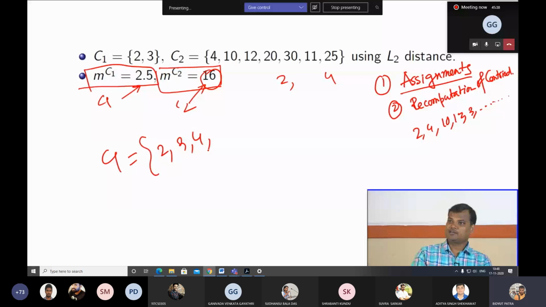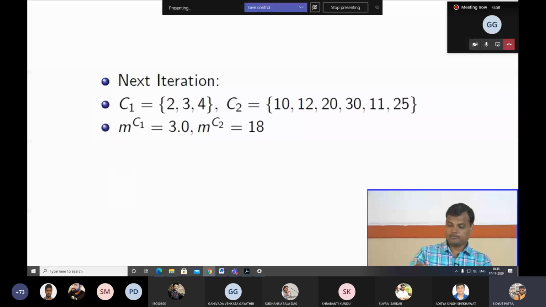From 10 onwards, all points will be assigned to the second cluster. So C2 will be 10, 12, 20, 30, 11 and 25.